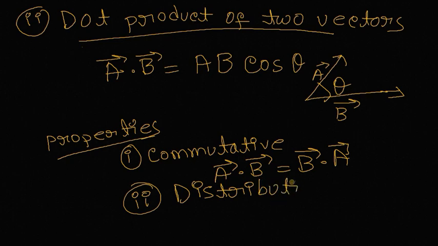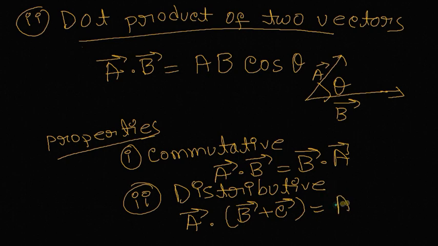Distributive means if we multiply A vector with B vector plus C vector, then it will be the same as A vector dot B vector plus A vector dot C vector.